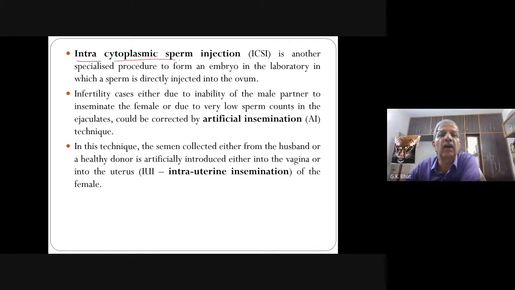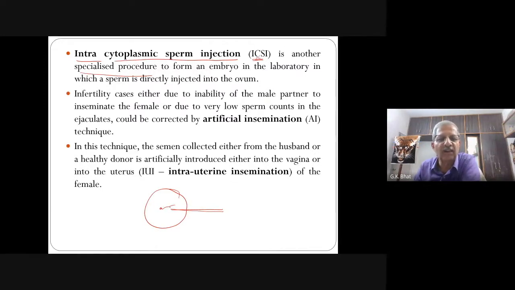Intracytoplasmic sperm injection, ICSI, is another specialized procedure. It means you take the ovum and introduce the sperm with a needle, into the cytoplasm.